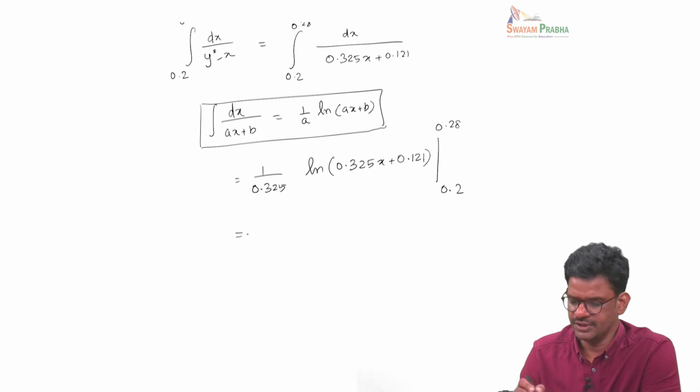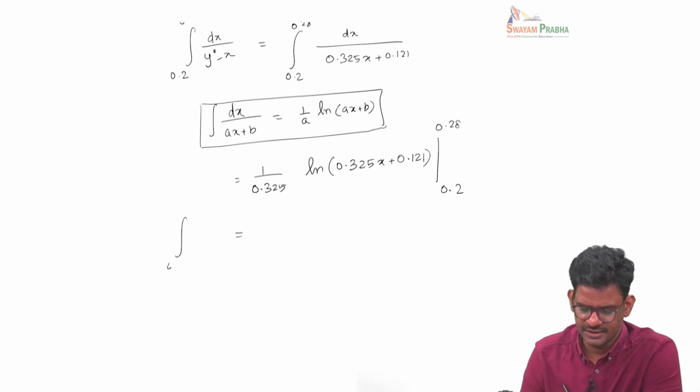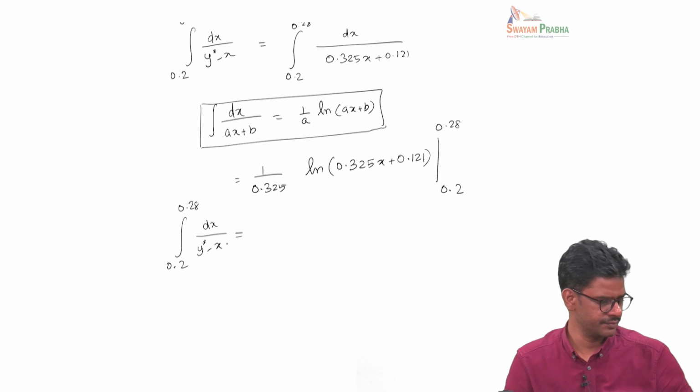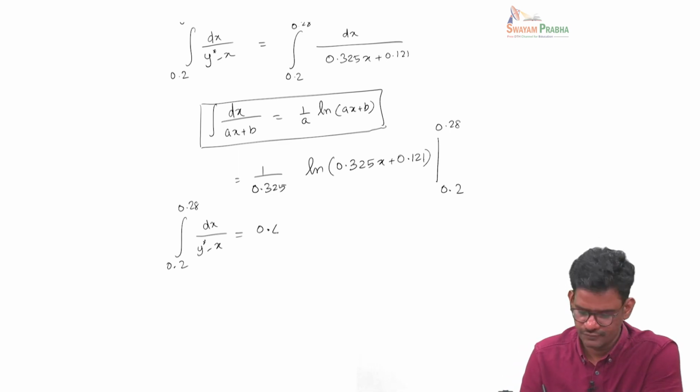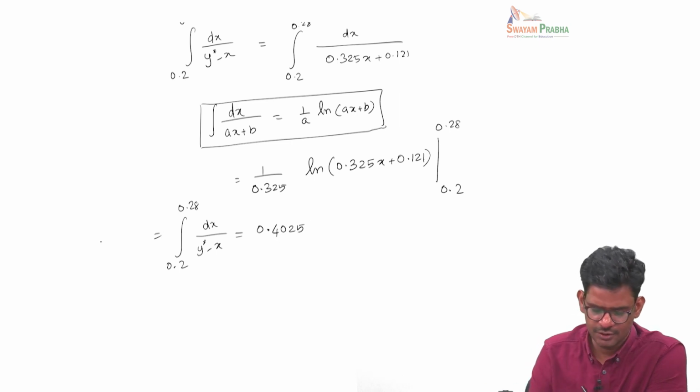Now substituting this limit, we will be able to get this integral, this becomes 0.4025, and this is nothing but ln of F by W.